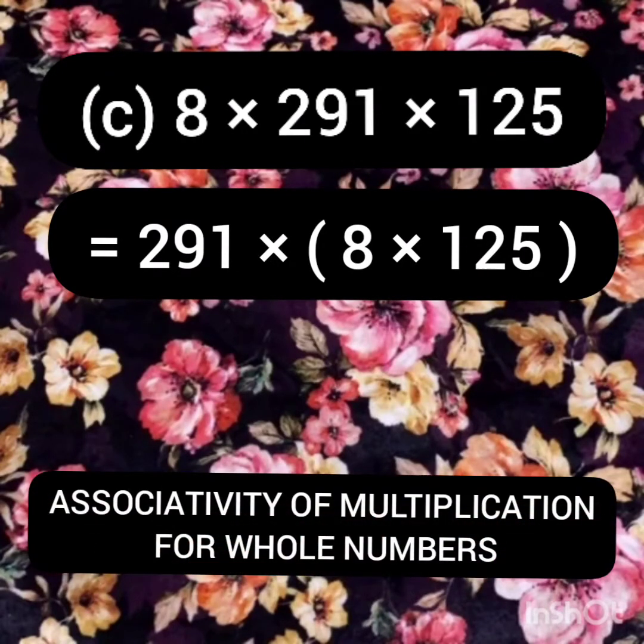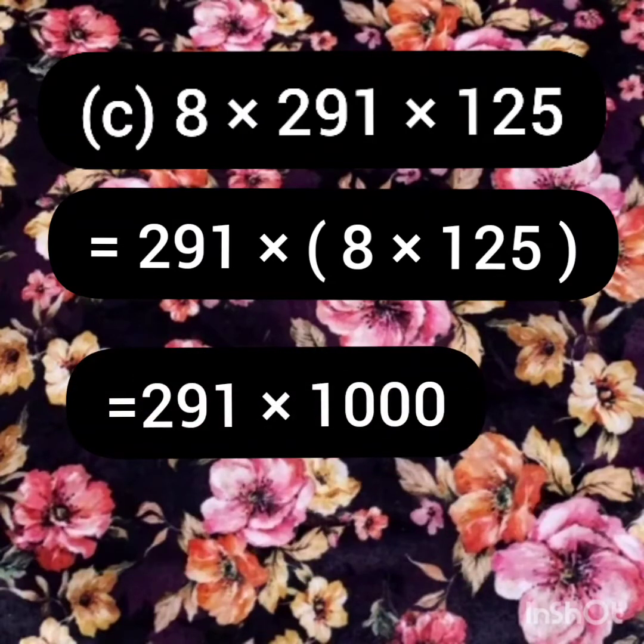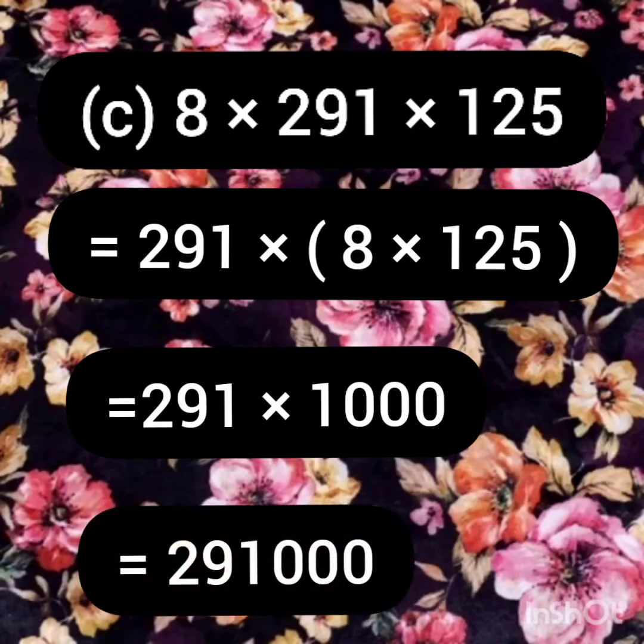This property is known as associativity of multiplication for whole numbers. The product of 125 with 8 gives the result 1000. The product of 291 with 1000 gives the result 2,91,000.